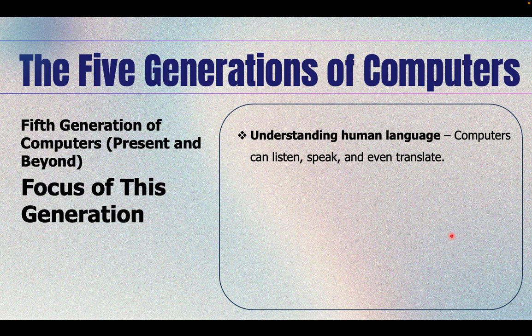I was chatting with somebody in France in French because I was using a chatbot that was able to translate my English into French, and I was able to communicate effectively with the person. So computers now understand humans and are able to communicate with humans.